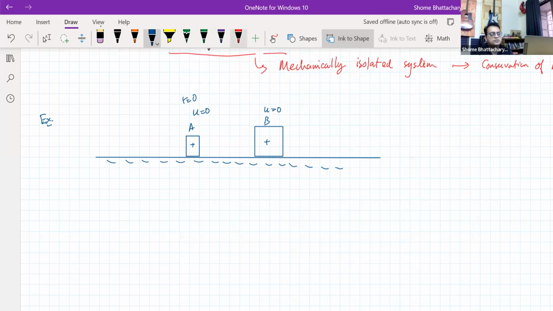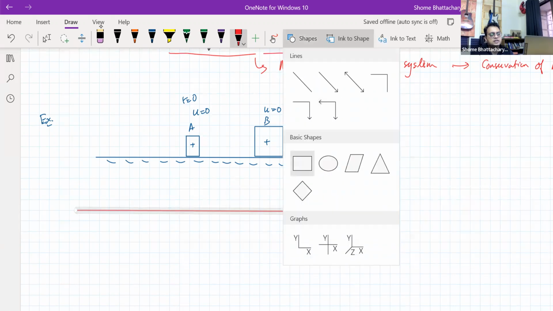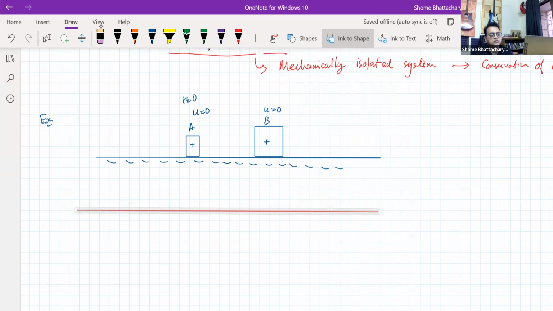Now, as a result of the repulsion between them, as you can imagine, they'll start moving. And after some time, what we observe is something like this has happened. A has maybe reached here. By then, B has moved here.